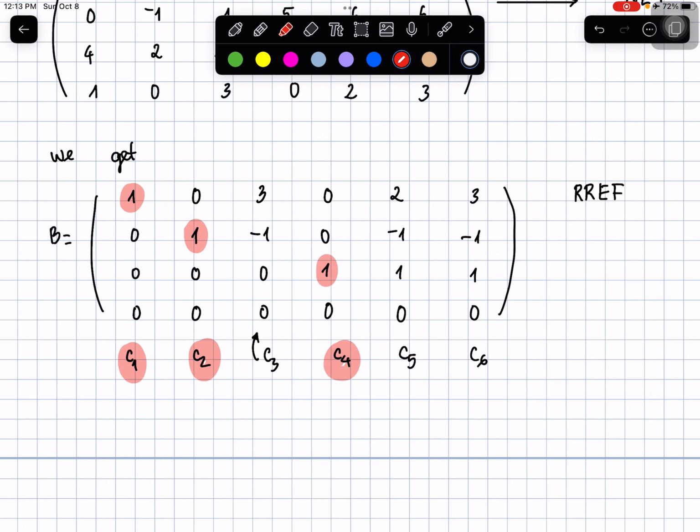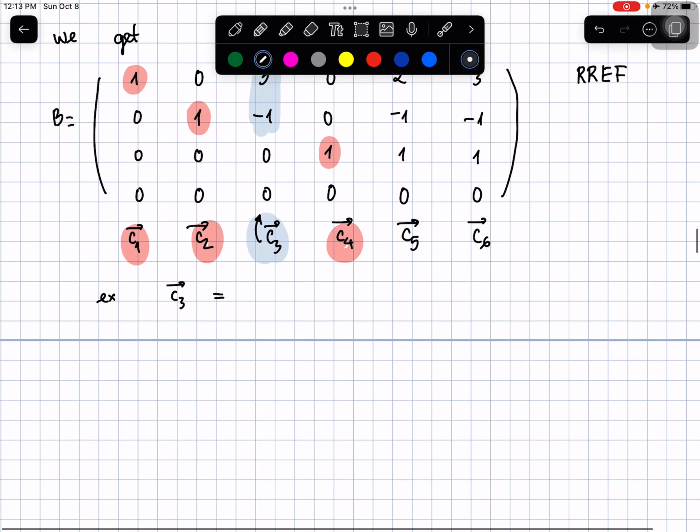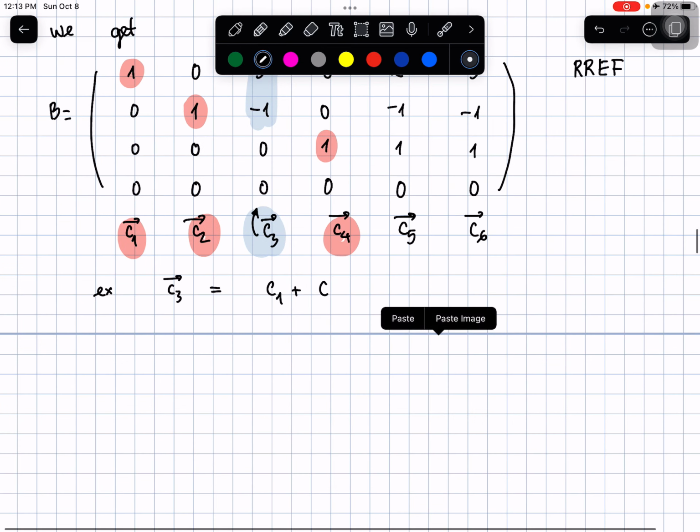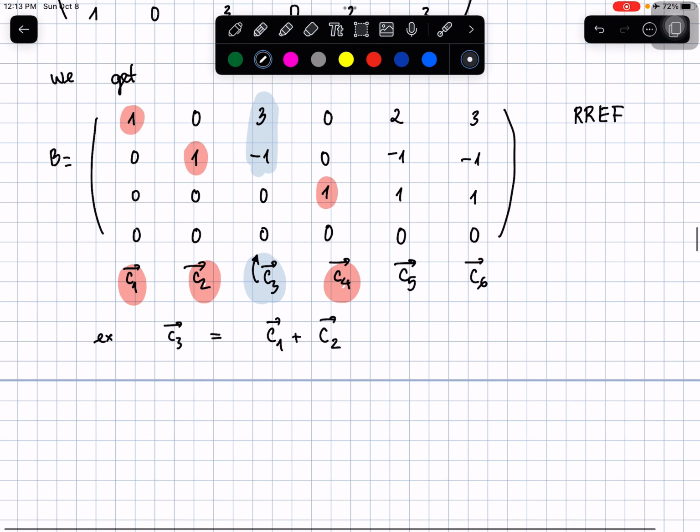Column 3 can be written as a linear combination of column 1 and column 2, so it's 3 times column 1 minus column 2.